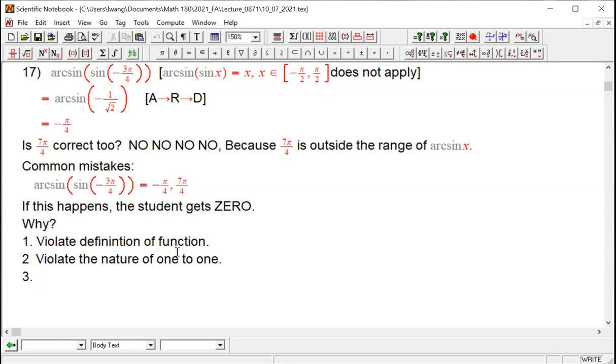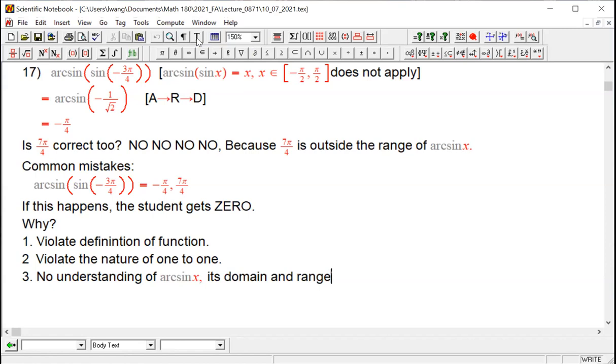And this also demonstrates no understanding of ArcSine, its domain and range.